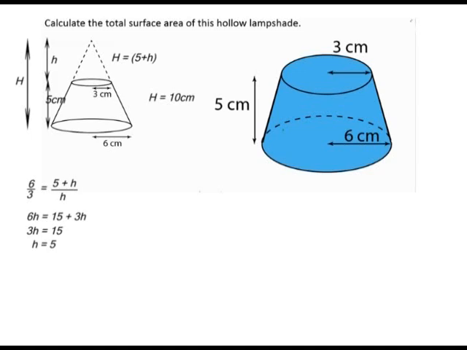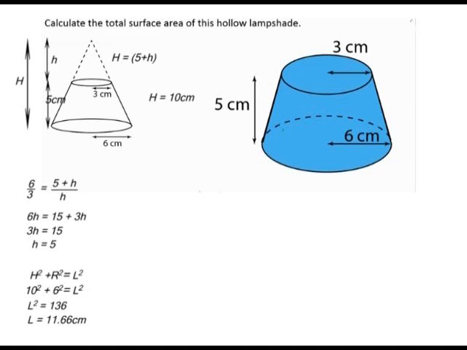Now we can find L. From Pythagoras theorem, h squared plus r squared should give us L squared. 10 squared plus 6 squared, that's 100 plus 36, will give us 136. Therefore, L is the square root of that, and that is 11.66 centimeters.